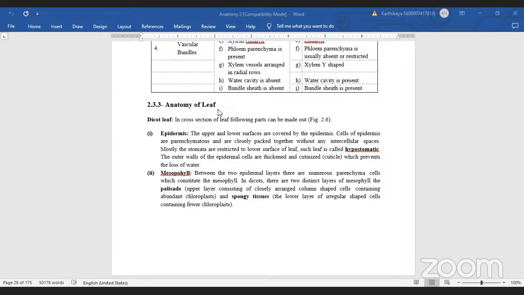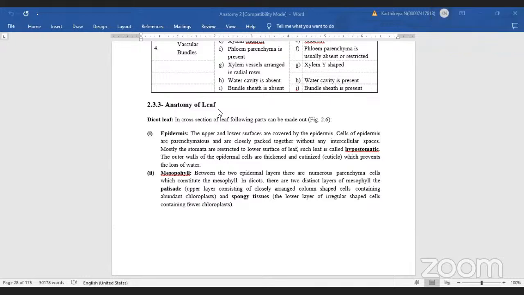Whatever it may be, what are the characteristics of the round leaf, sir? Do you know that? Please tell me, do you know what a round leaf is? Tell me an example. You know the onion plant; it has round-like structures. The onion leaf, do you know the onion leaf?